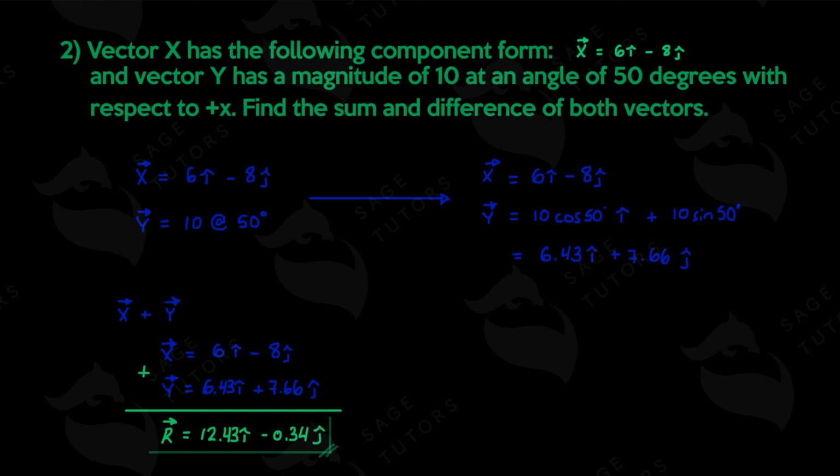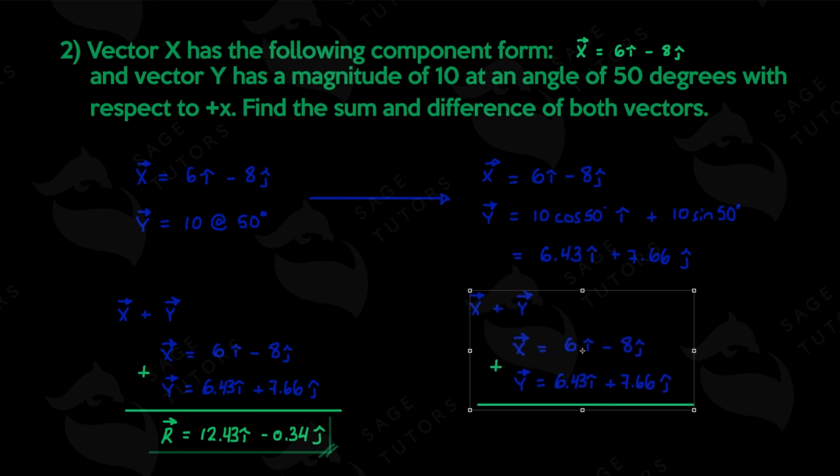And just like in the sum, we can actually subtract these vectors by doing the opposite. So I would like to copy and paste this operation right here. But I want the difference of both vectors, which means I would like to subtract vector y from vector x. So now the process is the same, but I would like to subtract the components of y from the components of x.